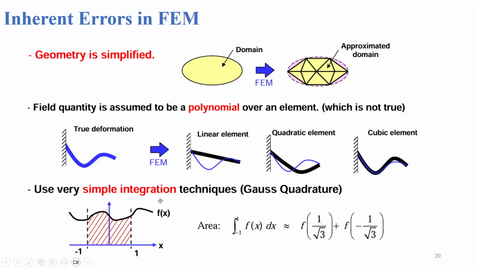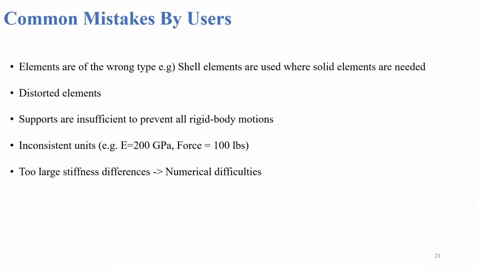Even after that, you will have to do integration with something like Gauss quadrature, and that can add another level of error in finite elements. That's why it's important to select what kind of shape functions and what kind of elements you are using in a finite element solution.